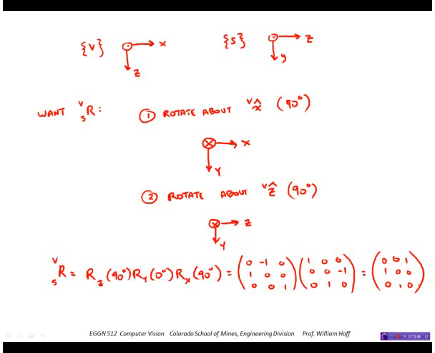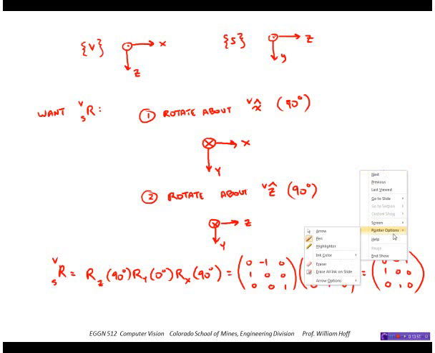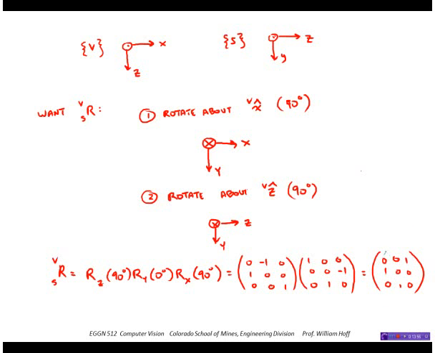And it's good to, again, check this, make sure we did all this right. If I look at this first column, this should be the unit vector of the sensor in the vehicle. So the x unit vector of the sensor should point in the positive y direction, and it does, as you can see.